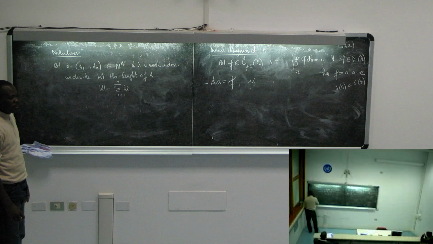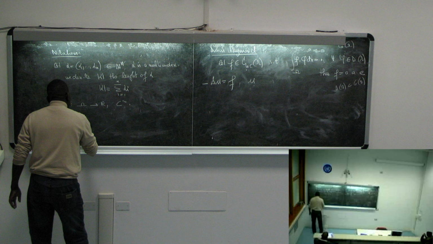Now, if f is a function defined from Omega to R, we can assume that f is C infinity. So we define D^alpha of f.